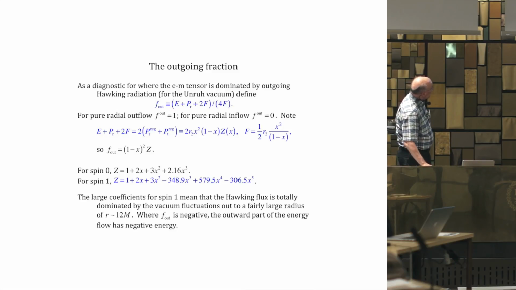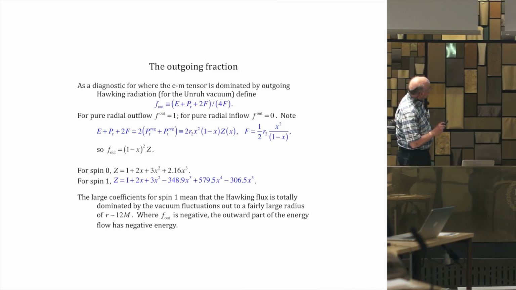So F infinity has to vanish. Now it also vanishes because the flux goes to infinity at the horizon. So that gives two factors of 1 minus x.